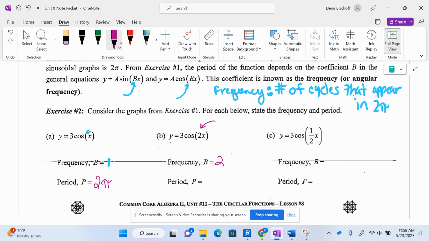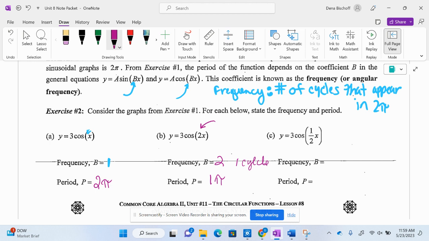Do we remember? Well, we were able to complete 1 cycle. So that meant that we were able to get 1 pi.